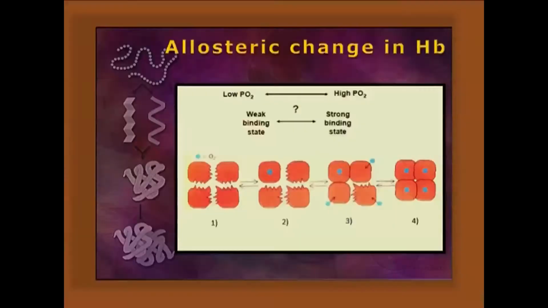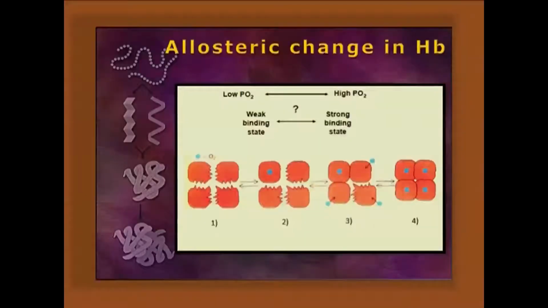Now, the allosteric change in hemoglobin. After binding with oxygen in one subunit, what happens? There is a change in the alpha beta 2 interface. These particular subunit surfaces slide by 15 degrees, and 0.1 nanometer is shifted. So, some sort of stress is obtained.